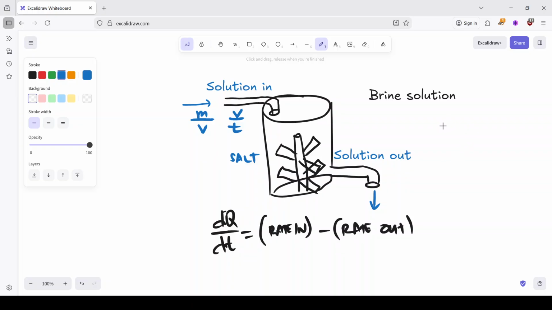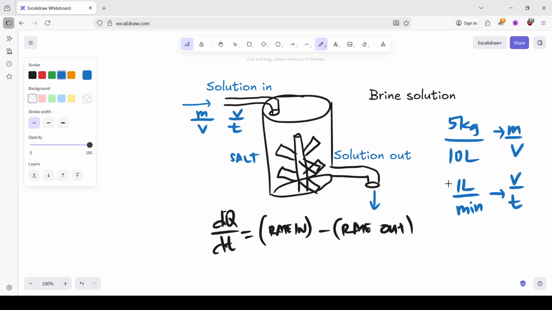Say I have 5 kilograms of salt in 10 liters of water. That's my salt concentration. So this is mass over volume. And then for the flow of the fluid, say I have 1 liter per minute. So this is our volume over time.